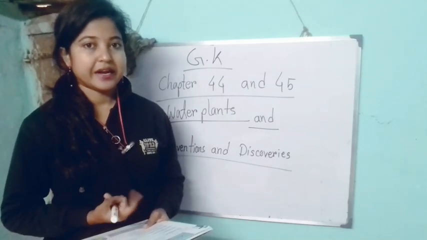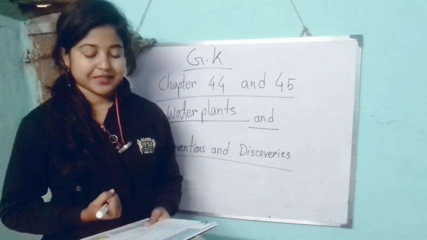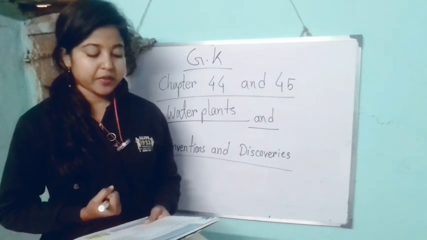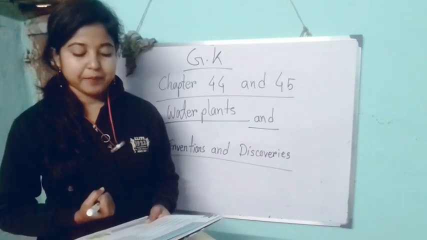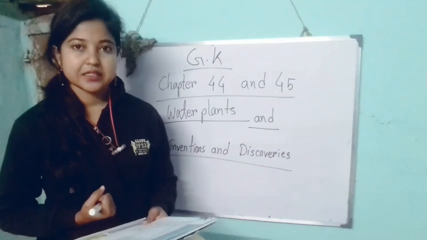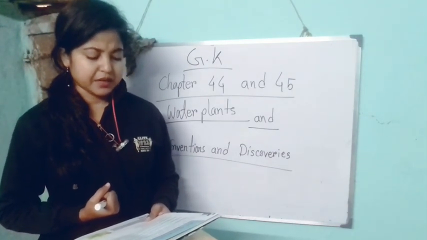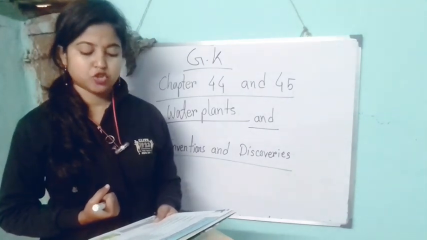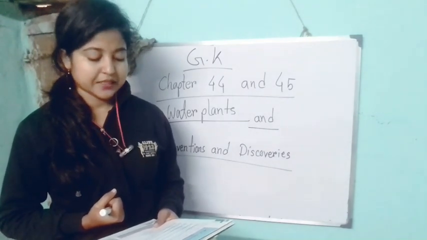It is invented by Elisha Otis. T will be silent, Elisha Otis. Number 4, telephone. You know that Sir Alexander Graham Bell invented telephone. Number 5, printing press. That is Johann Gutenberg, who invented printing press.